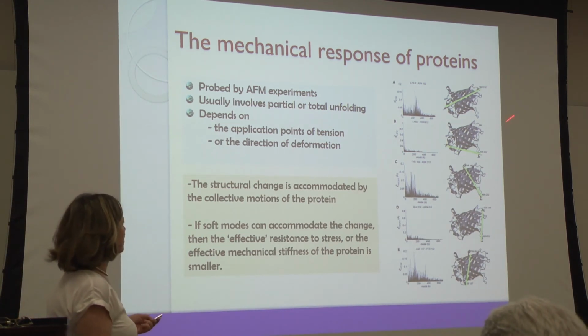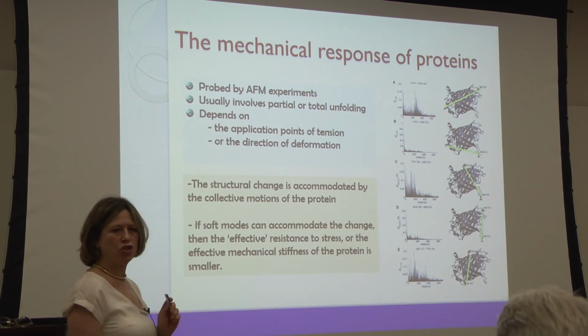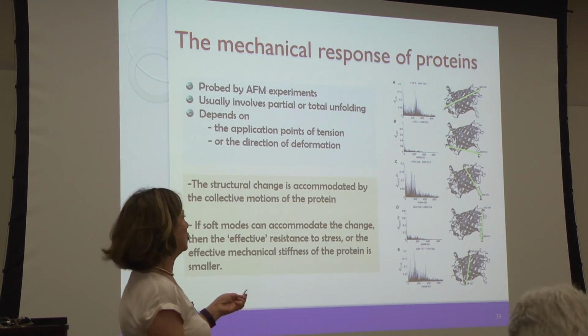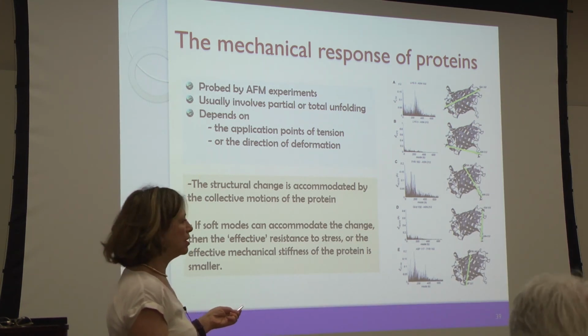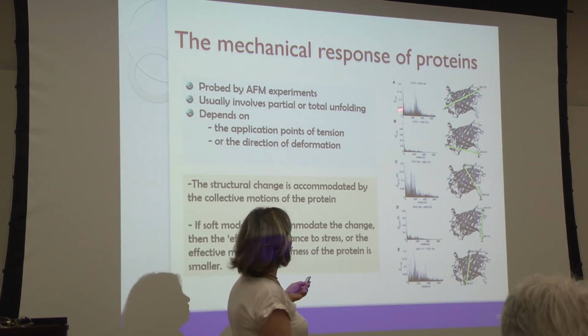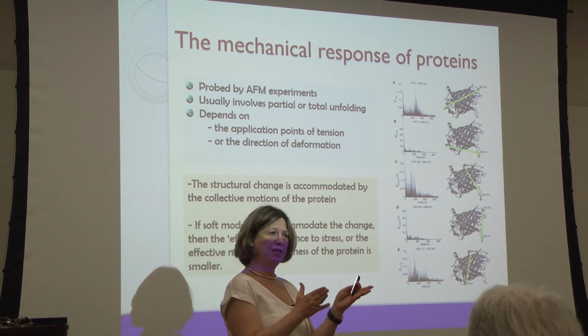Now what we've done is the following. Suppose I take this particular direction, which has been experimentally tested, these two residue pairs. And I evaluated how much different modes contribute to that deformation.